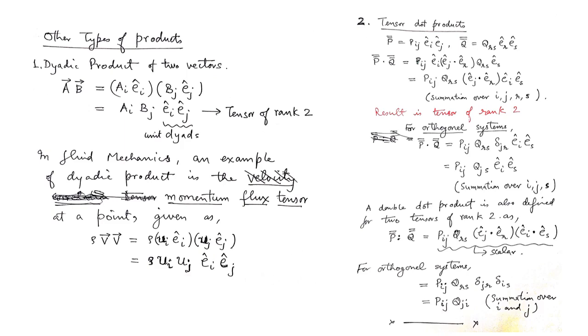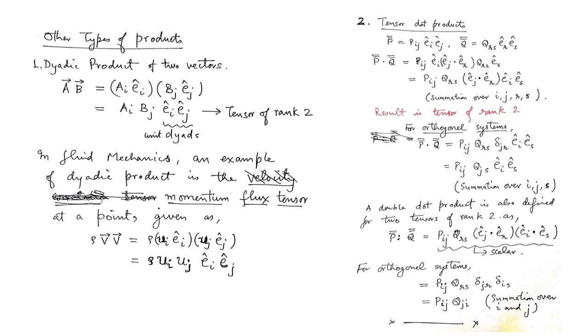Now for orthogonal coordinate systems, ej dot er will be replaced by the Kronecker delta, delta jr. In the next step for orthogonal systems, we have this expression, and if you want to open out the summation, using the fact that Kronecker delta only contributes whenever r is equal to j, otherwise it is 0, you simply replace r by j and remove delta jr from the expression.